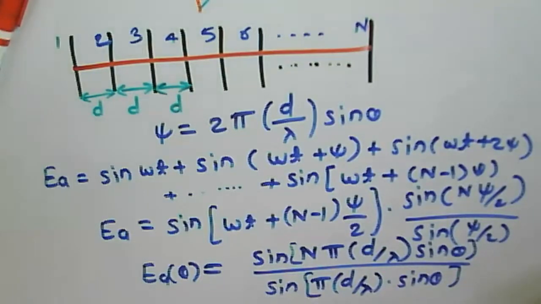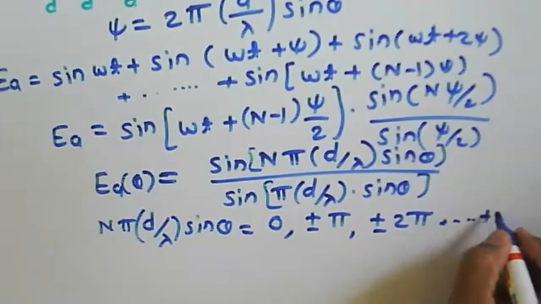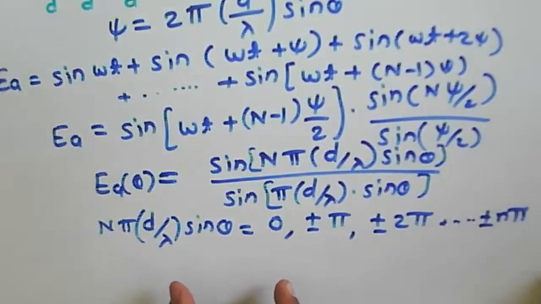Or otherwise we can say that this pattern will be 0 when n pi d by lambda sine of theta is equal to 0, plus or minus pi, plus or minus twice pi, up to plus or minus n pi. So this particular factor will be 0.